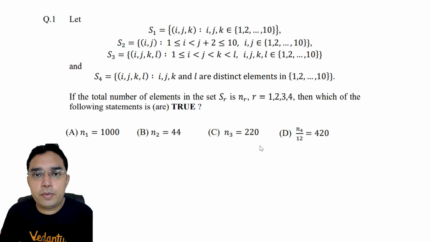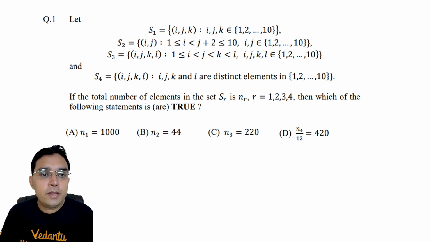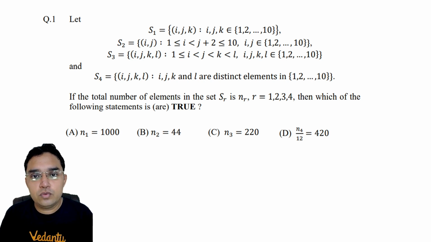We are discussing paper of JEE Advanced 2021. This is question number 1 from paper 1. Let S1 be the set of ijk such that i, j, k belong to 1 to 10. S2 is a set of (i, j) such that 1 ≤ i < j + 2 ≤ 10, where i, j belong to 1 to 10.